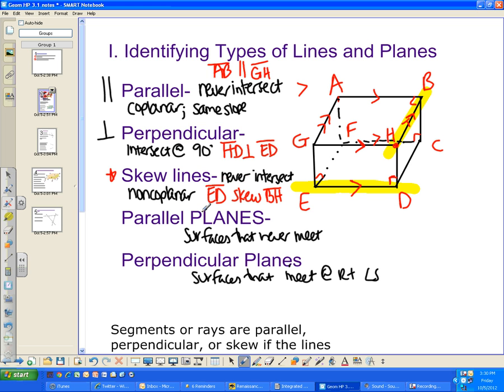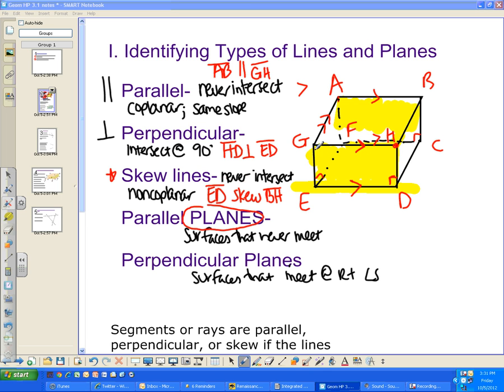Parallel planes, remember for lines you need two letters. For planes you need 3 letters. So let's say I wanted to talk about this yellow plane, and let's talk about the back plane over here, this side. Okay, well, to name a plane you just need 3 points.